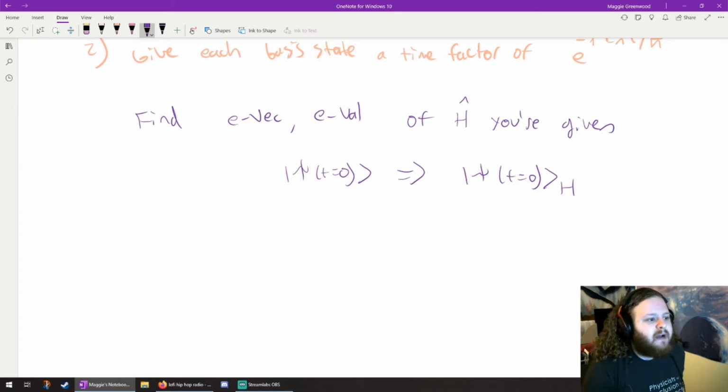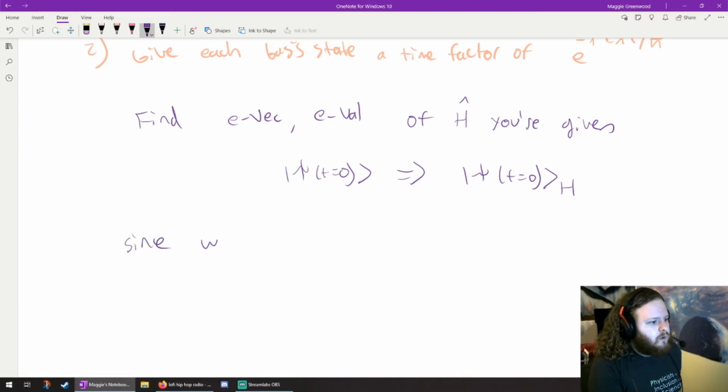So in general, you would have to put your initial state into the basis of the Hamiltonian. And that is often a really nasty process, like solving a system of linear equations with two unknowns. And I don't want to do that, so I gave myself a better Hamiltonian.